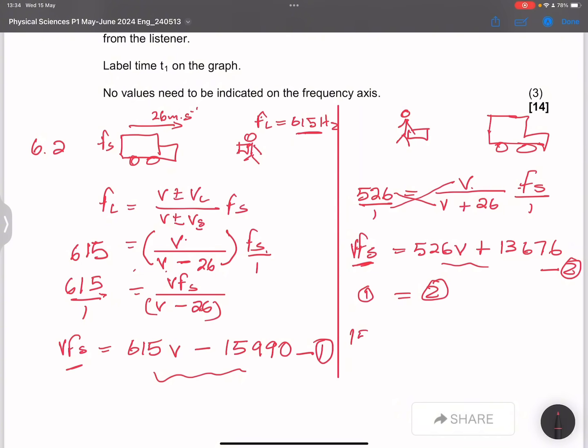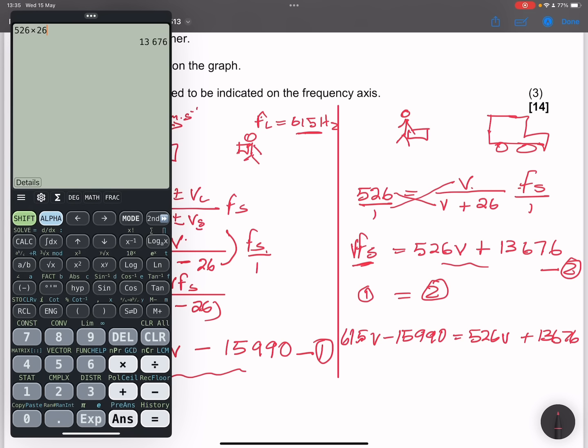So 615V minus 15990 is equal to 526V plus 13,676. Okay, let's take all the V's together on one side. So that's going to be 615 minus 526. That gives me 89V.